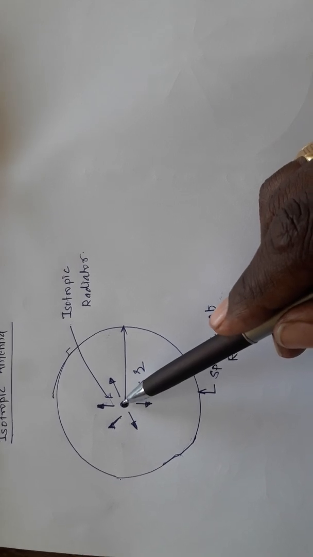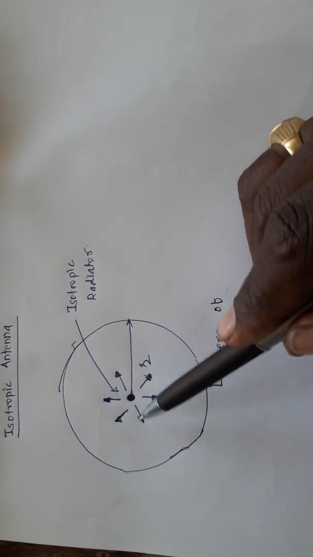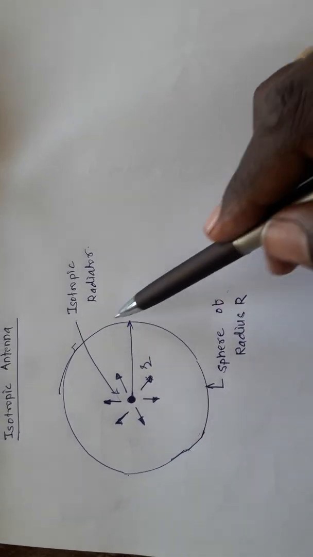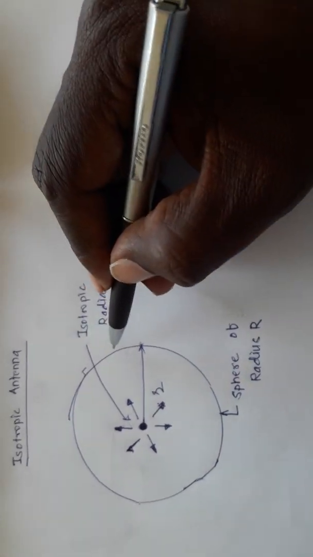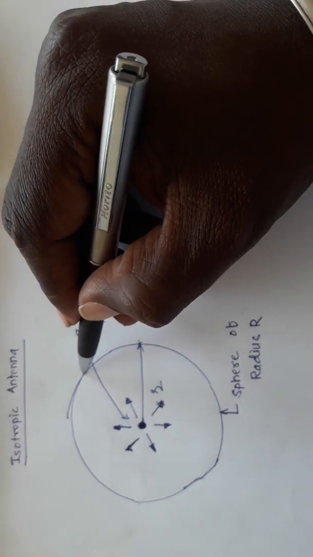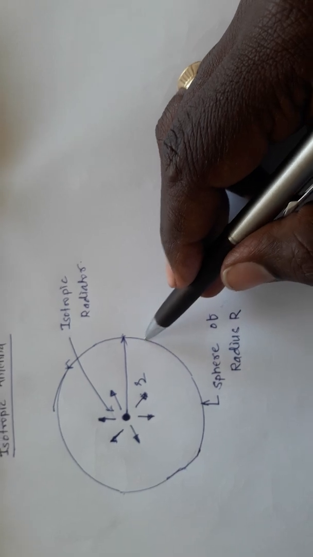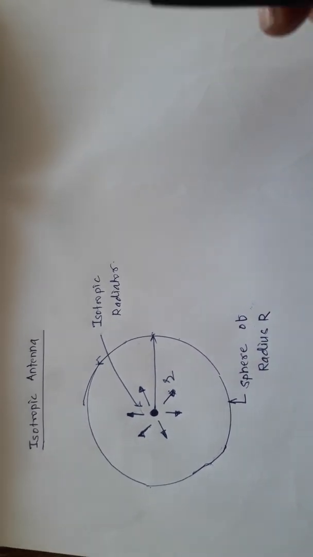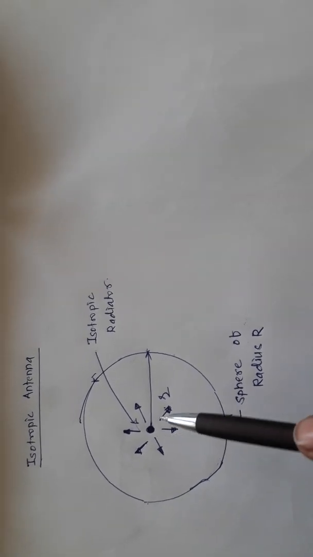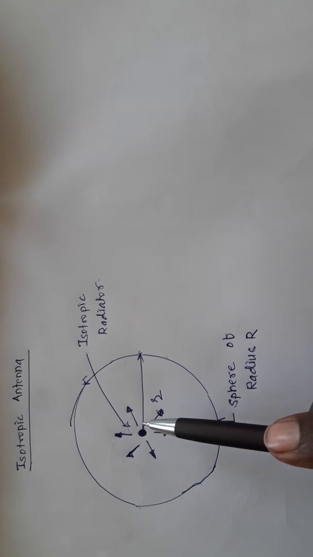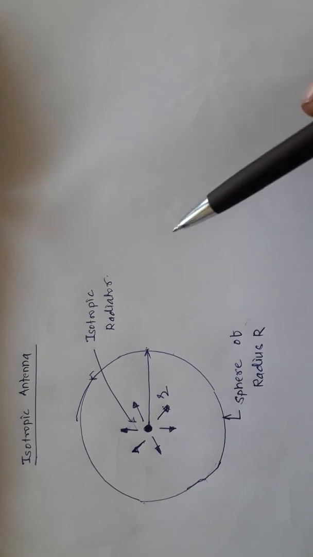Then this radiator radiates energy equally or uniformly in all directions. Whatever energy we receive here, the same amount of energy we can receive here, and the same amount here. For every point on this sphere, we get the same kind of power or energy. That's why we say that an isotropic radiator is a point source antenna which radiates equally in all directions.